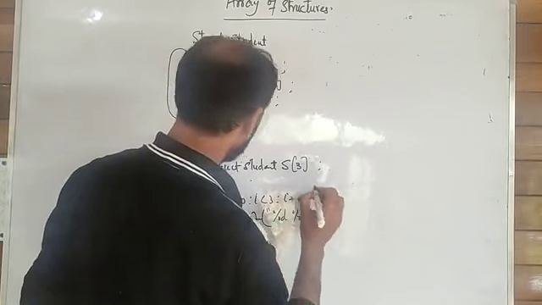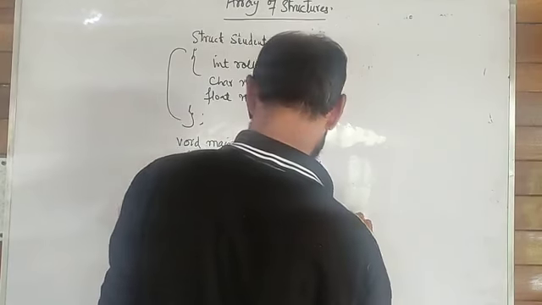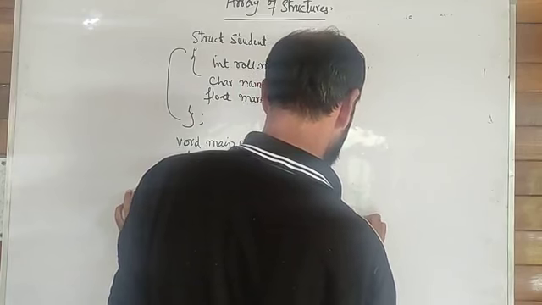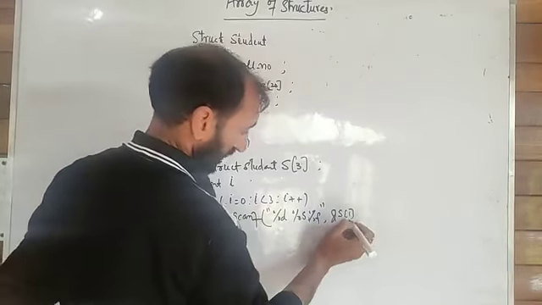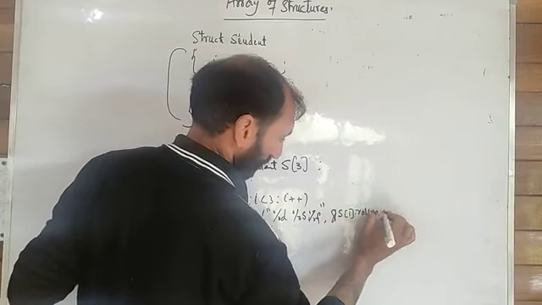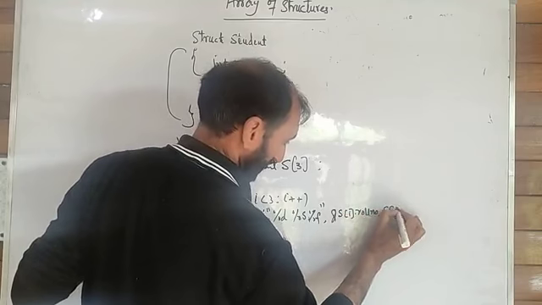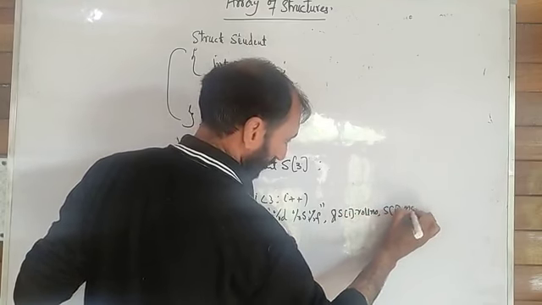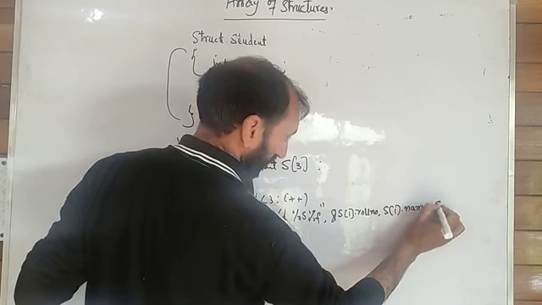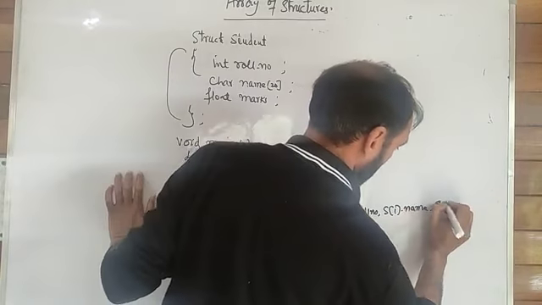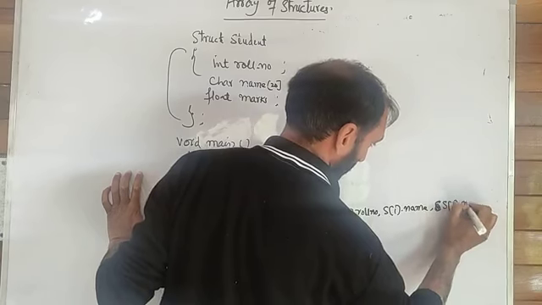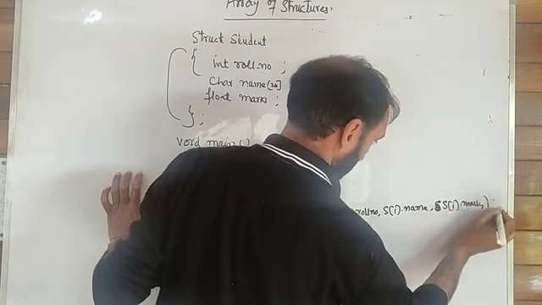Address operator of s[i].roll_number, comma, s[i].name, comma, address operator of s[i].marks.marks, and that is it.